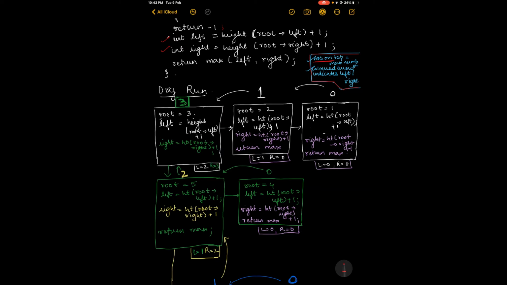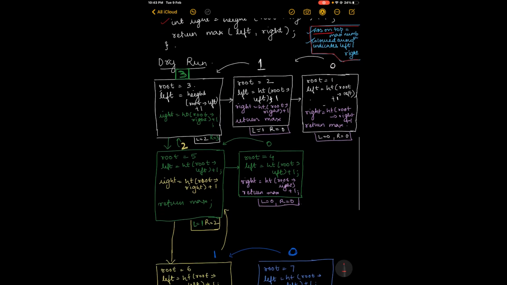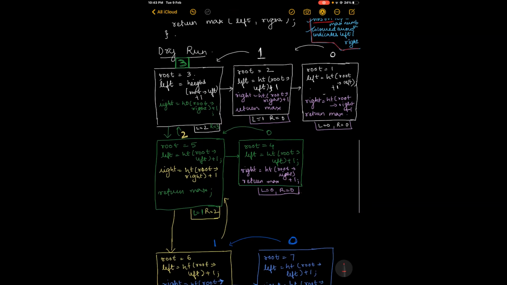Along with that number there will be a colored arrow, which signifies whether that number should be stored in left or right of the previous block. This will be more clear as we proceed.